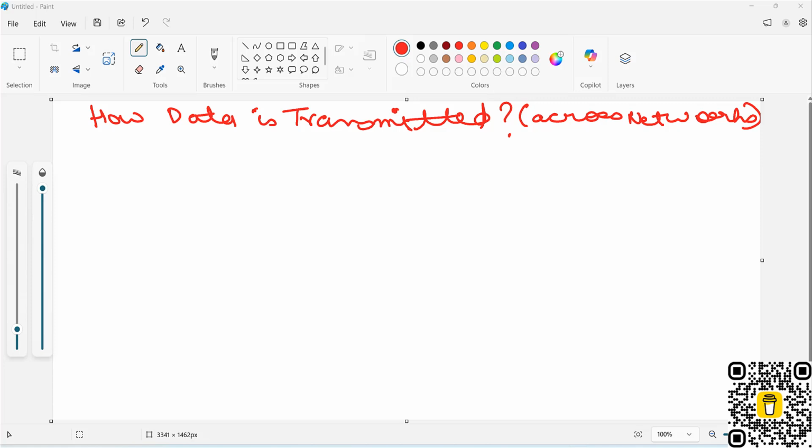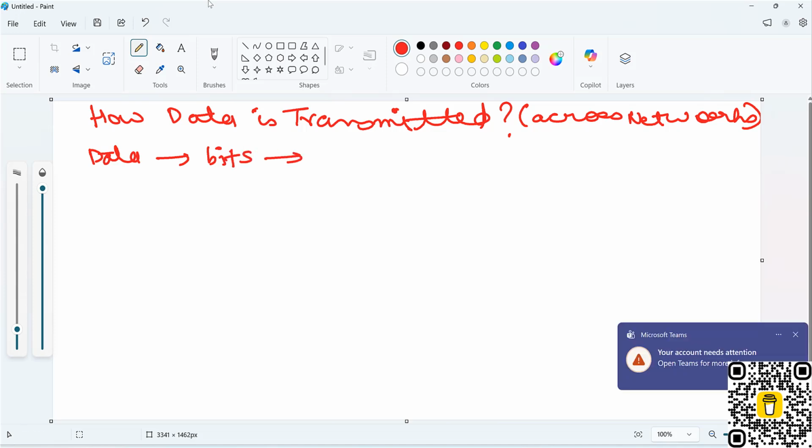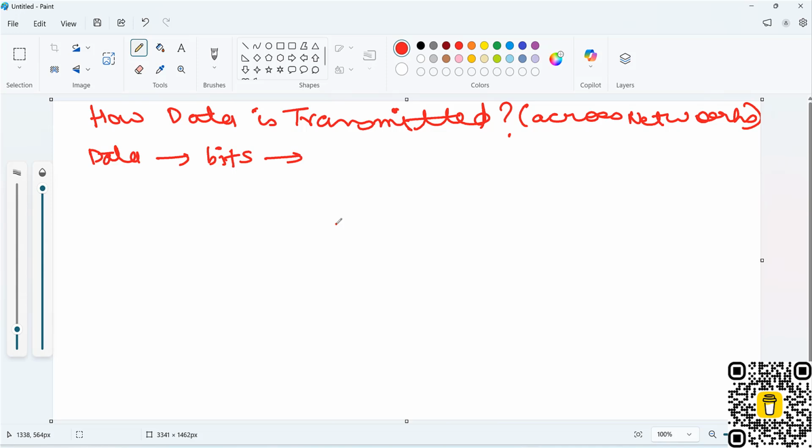After the data is converted into bits by the input device, the bits are transmitted. Before they are transmitted, they are converted to signals.